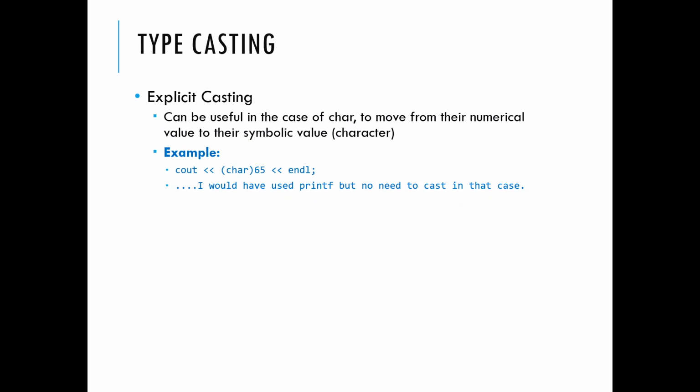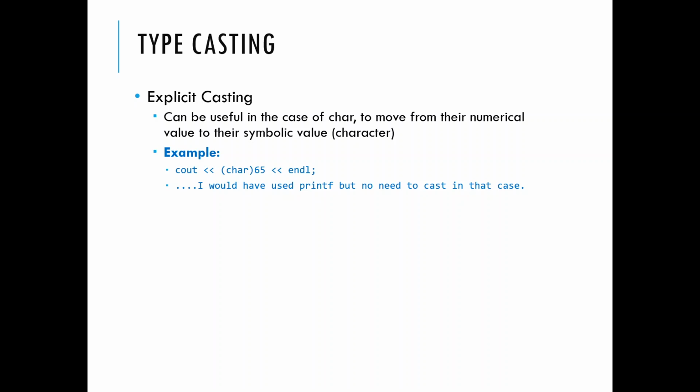Okay, so I was going to get rid of this cout statement just because we're not doing couts that often in class. But if I do printf, it's going to do it for me. It's going to change things for me. So here is me doing an explicit cast. I put the number 65 in. I cast it to a character. And what am I going to spit out in the end here? I'm going to spit out whatever 65 is in ASCII.